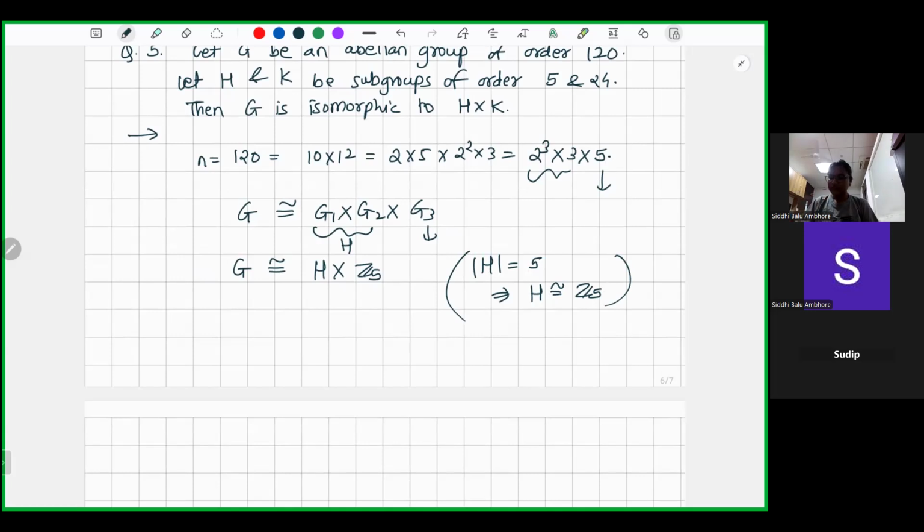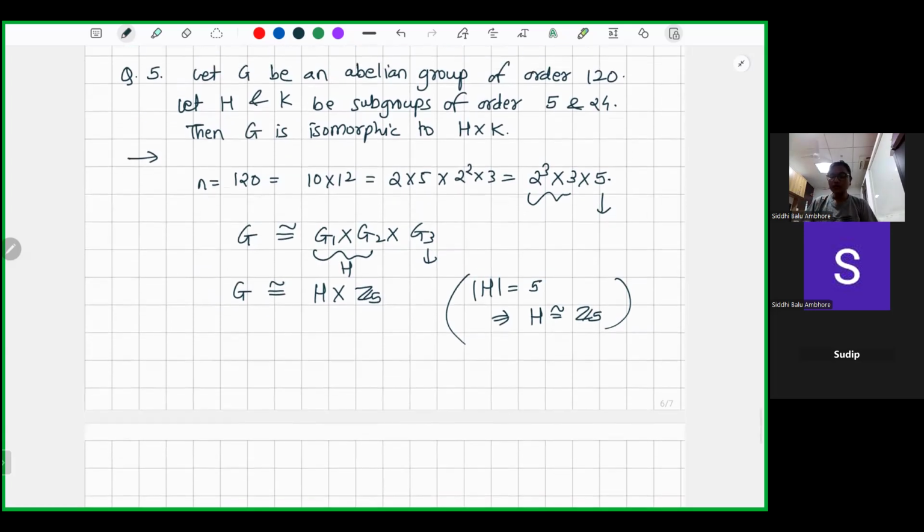Okay, so this is there. Now we have to see, not H, this is really bad notation. Let us keep this as some G prime.